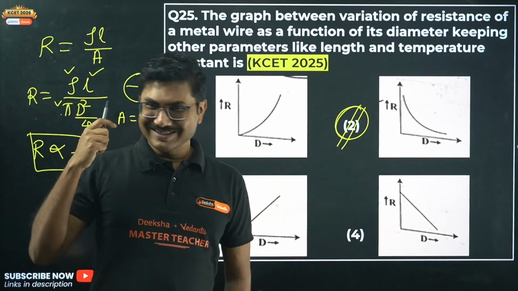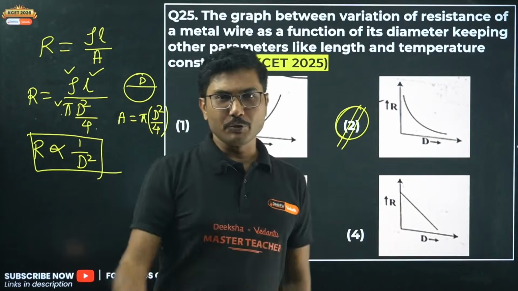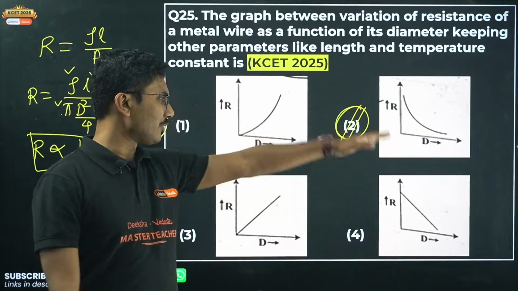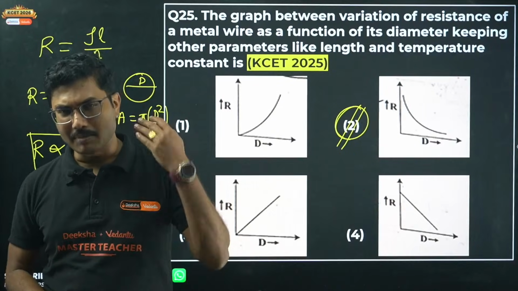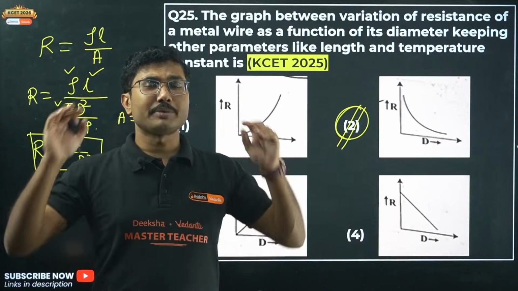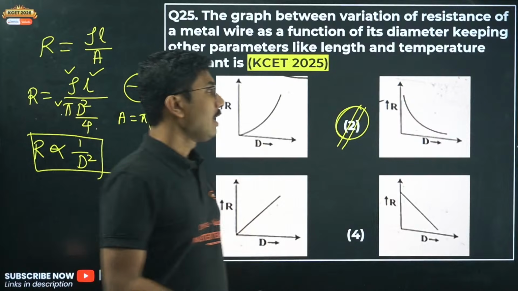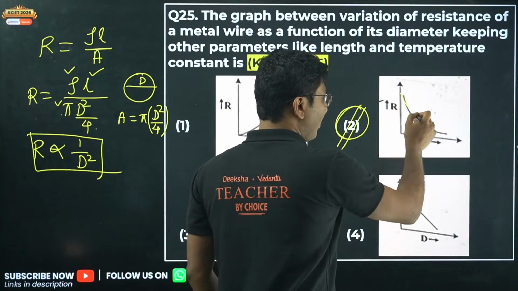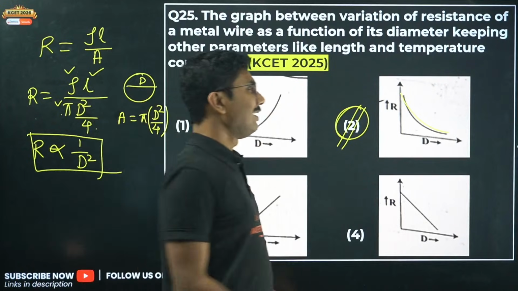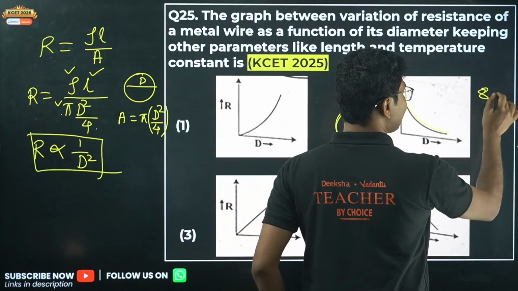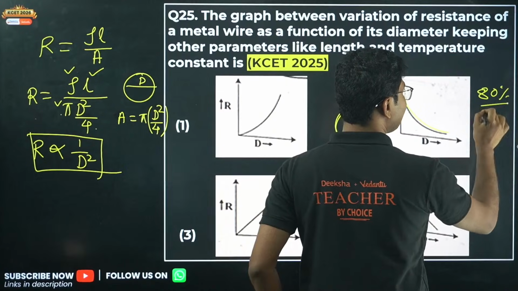Now one very important tip to all of you, if you see a graph based question like this, and if you are somehow not sure which of the graph is correct, then if you see a graph of pattern this way, then there is a 80% chance that this is the correct answer.